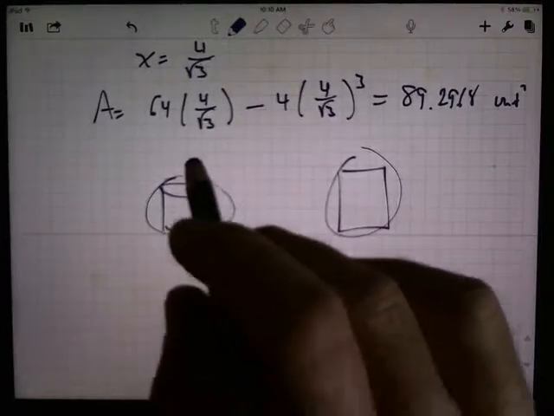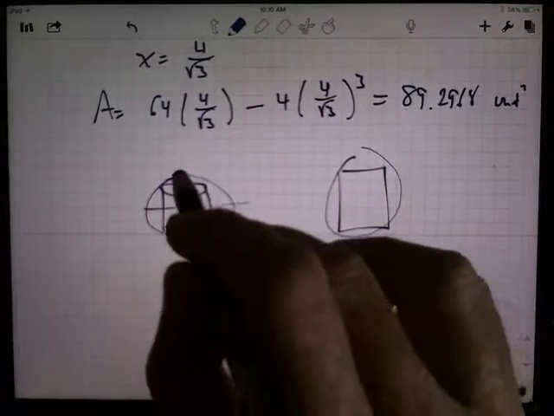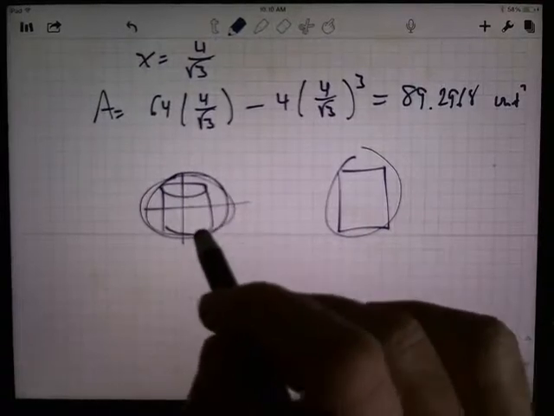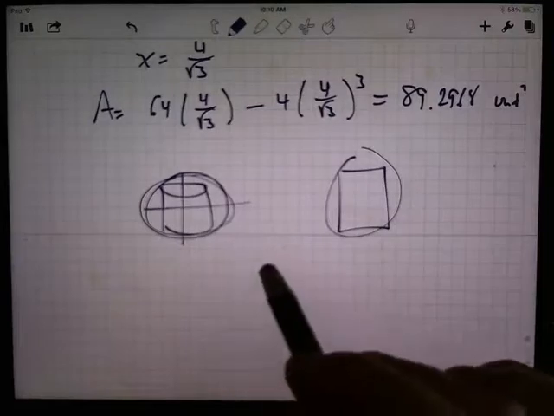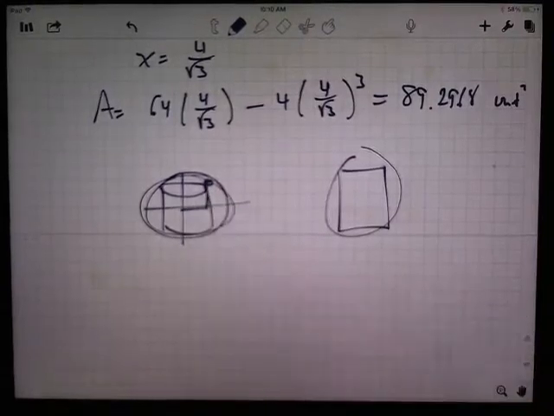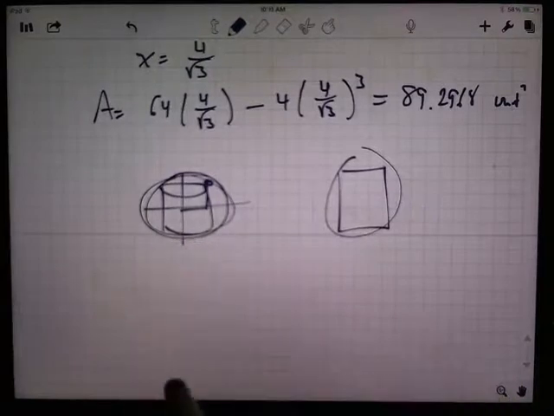But the idea is you've got a coordinate system, maybe an xy coordinate system, and you've got the equation of a circle that when you rotate it will generate the sphere. That already gives you variables to work with because the coordinates of a point would be x comma y, and then you can describe everything about the situation in terms of those variables, right?